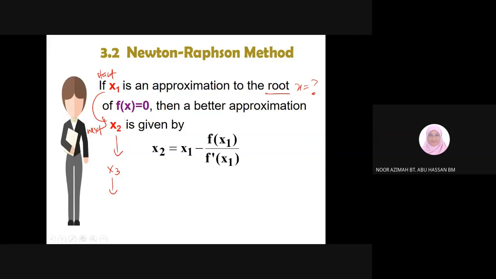If x1 is an approximation value to the root of f(x) equals 0, then a better approximation will be x2. How to find a better approximation?